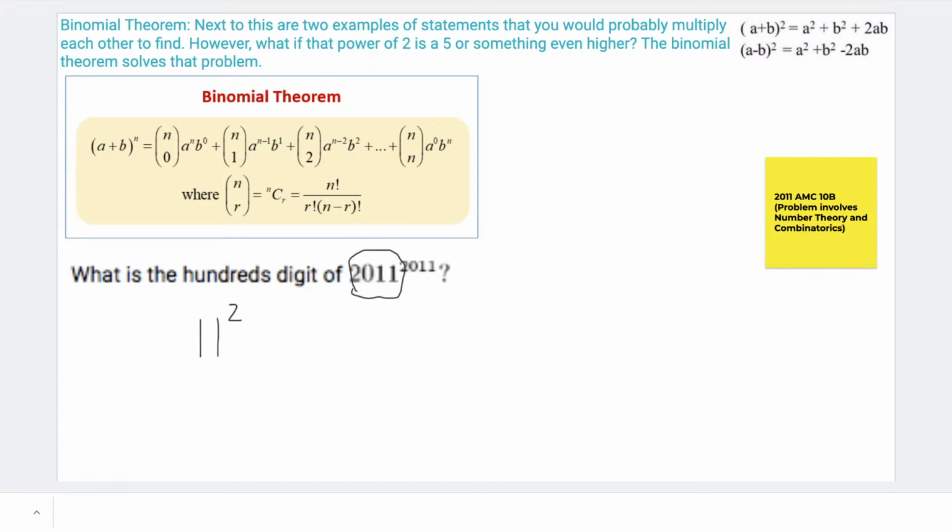We don't need to find the whole thing, we can make it a bit smaller and just calculate this in mod 1000 to get the last 3 digits. Even if the number is like 2999, in mod 1000 we have the last 3 digits, and we want the hundreds digit. So in any case, we'll find it using mod 1000. Maybe you could do mod 8 and mod 125 and use the Chinese remainder theorem to find the answer.